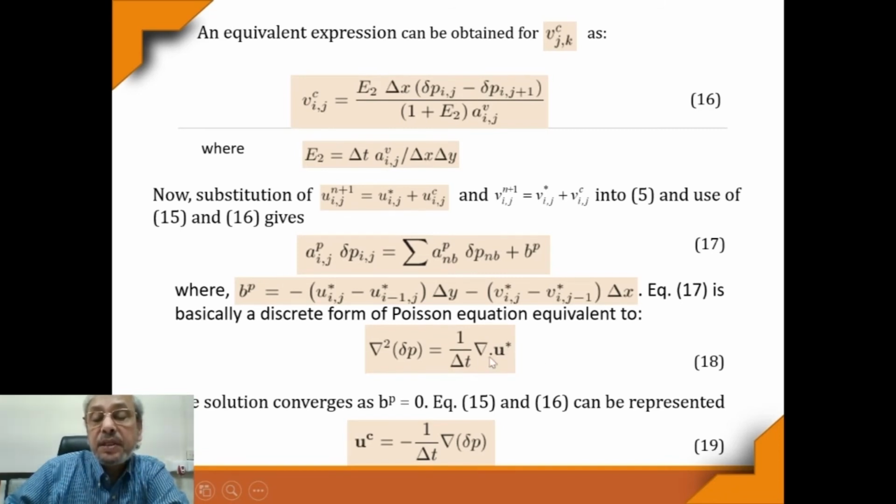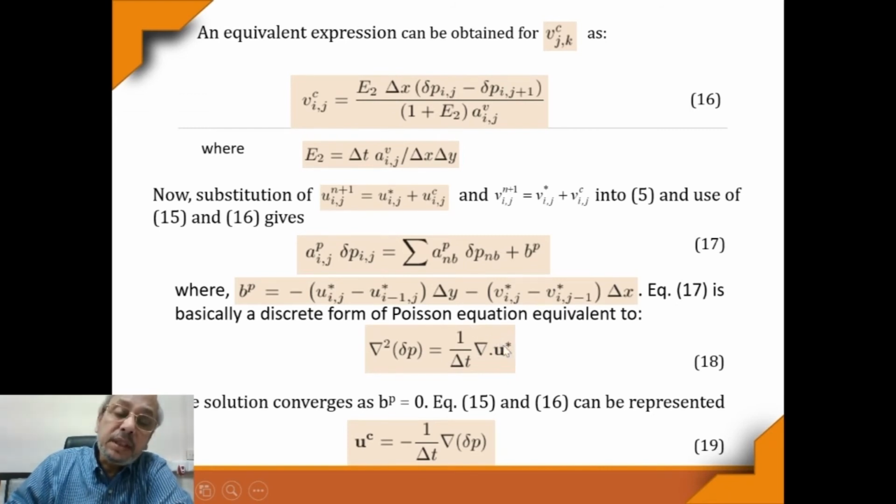So basically this divergence of U star is del x of u plus del y of v. Both are star quantities, approximated quantities, and we can write their differences divided by delta x and differences divided by delta y.